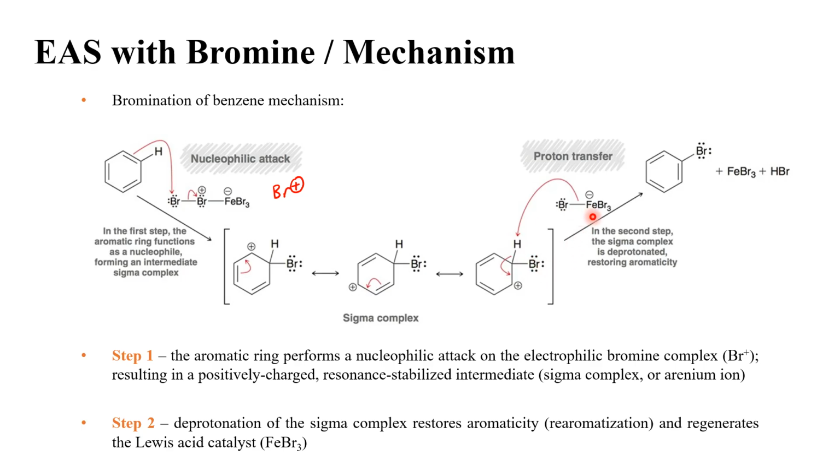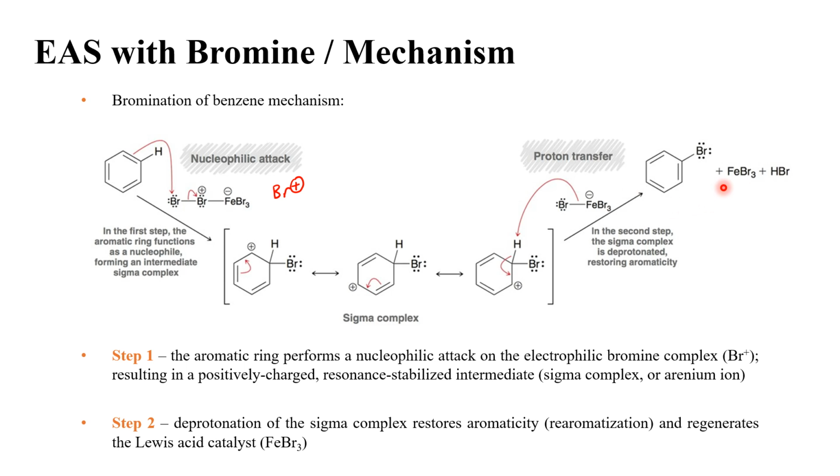And what's going to happen is the FeBr4, which was basically generated in the previous step, is now going to grab that proton, move the electrons to where this carbocation is, and notice now you've restored aromaticity, okay? And you got your product.